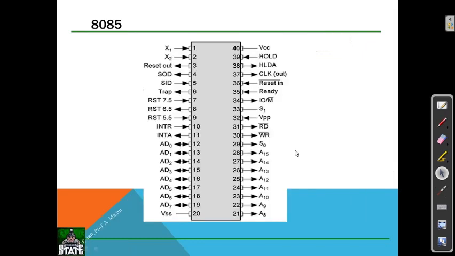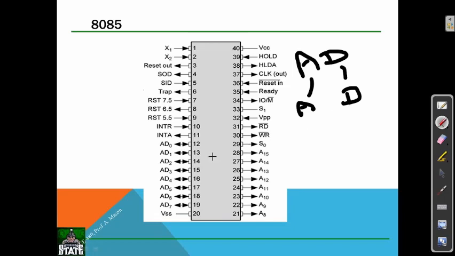The pin configuration of this 8085: see here, it also has 40 pins. From the 12th pin to the 19th pin, you have the AD pins. What are the AD pins? A means address and D means data. So here we can send both address and data.